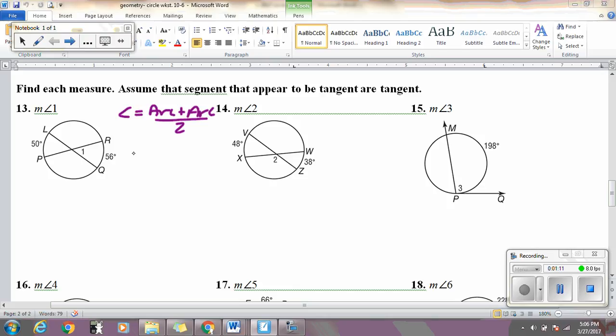So in this case, angle 1, which is what I'm looking for, is equal to arc LP plus arc RQ divided by 2. So that means 50 plus 56 divided by 2. And this can be done all in one step.